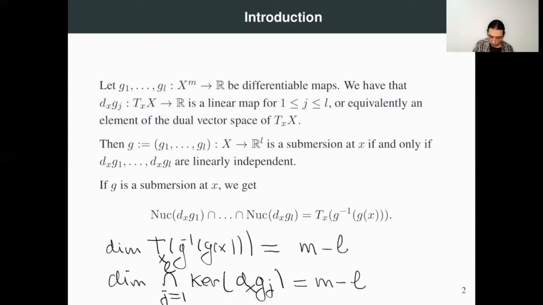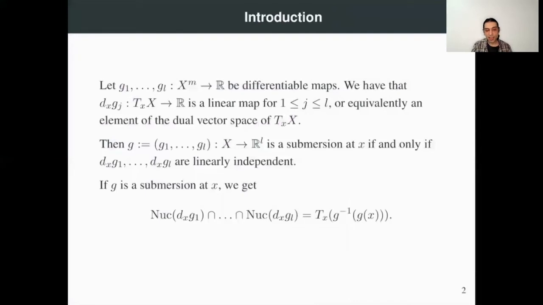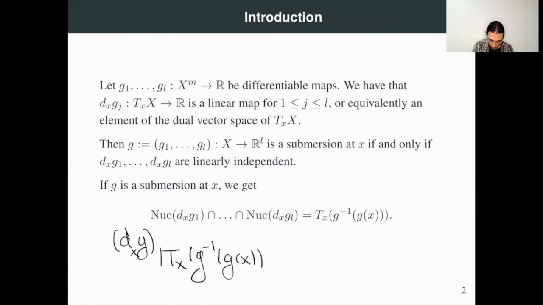That's good. But now that we know what the dimension is, let's point out that if we restrict the differential of G at the point X to the tangent space at X of G minus 1 of G of X, that's actually the zero map.